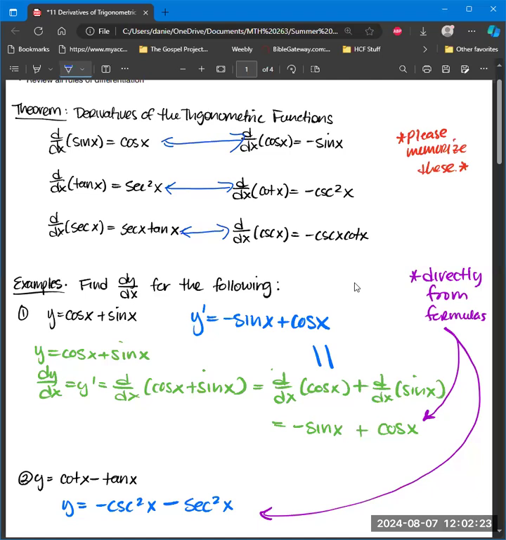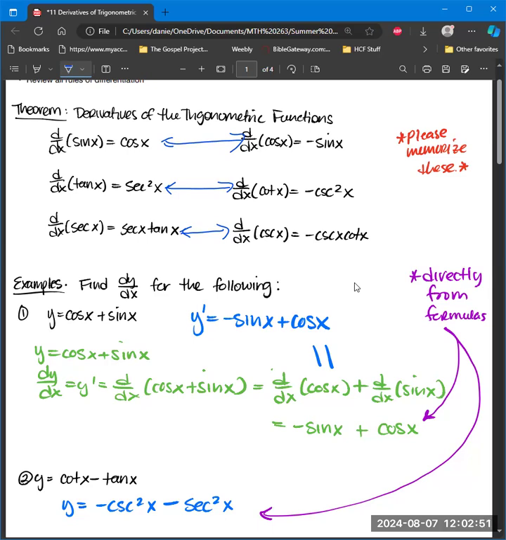Then there's a pattern that you can recognize with the cofunctions. Since cosine is the cofunction of sine, we take the cofunction of the answer over here and multiply it by -1. The cofunction of cosine is sine, times -1 is negative sine. The cofunction of tangent is cotangent, the cofunction of secant is cosecant, and we multiply by -1.